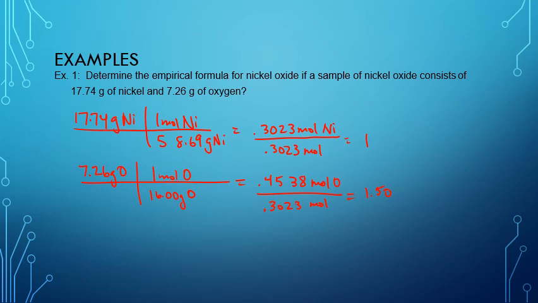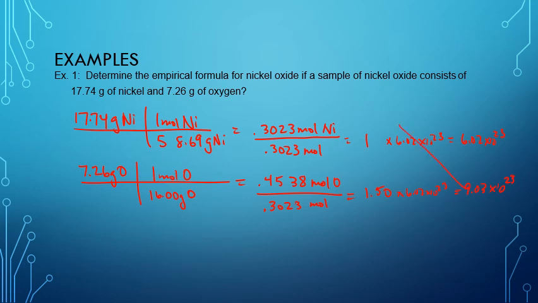So as I was talking about earlier, if I wanted to multiply each by the 6.02 times 10 to the 23rd, it's completely unnecessary, but if I multiply this by 6.02 times 10 to the 23rd, hopefully you can see I have the exact same multiplier for each of these numbers. So when I have 9.03 times 10 to the 23rd, I would go down and try to reduce this ratio, and I would still end up with the exact same thing, which would be a 2 to 3 ratio.